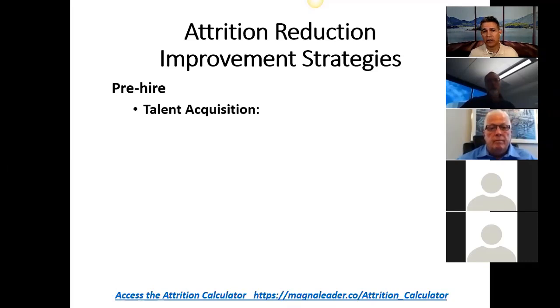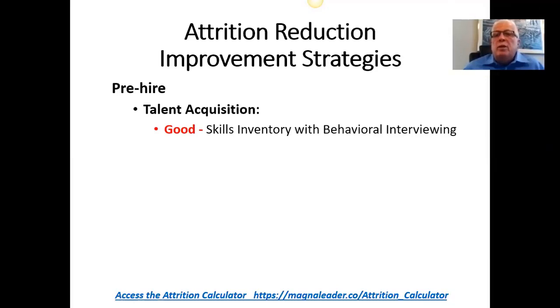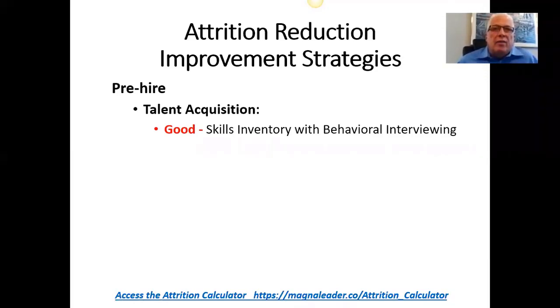So in pre-hire, it's really focused on talent acquisition. And we have three levels here. Tim, I don't know if you want to jump in. So as a lifelong HR person, the first place people typically start is they take a look at the job description, think about the skills that's necessary, and then create some behavioral interviewing questions to try to anticipate what kind of behaviors you might see.